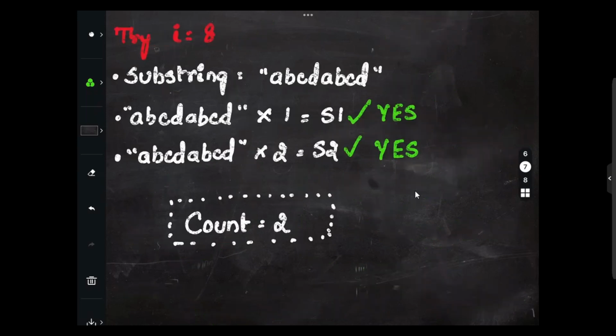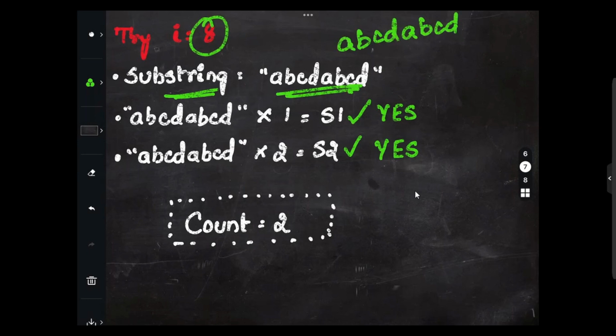This step works. So now let's try when I equals 8, meaning the substring is ABCD, ABCD. We have 8 here, so we can consider 8 characters at a time. We go with ABCD, ABCD, and it matches string S1, which is also ABCD, ABCD.